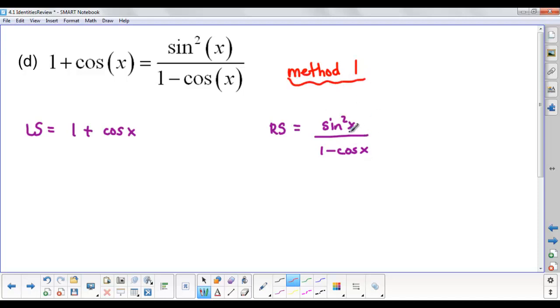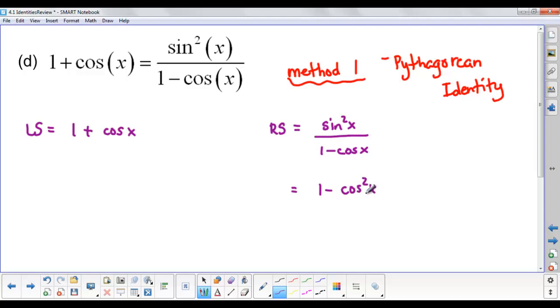Now, in method 1, what I'm going to do is, I see that I have a sine squared up in the numerator, so I'm going to use that Pythagorean identity to replace sine squared. We know that sine squared is equal to 1 minus cos squared x. Okay, now in the numerator, you'll notice that we do have a difference of squares.